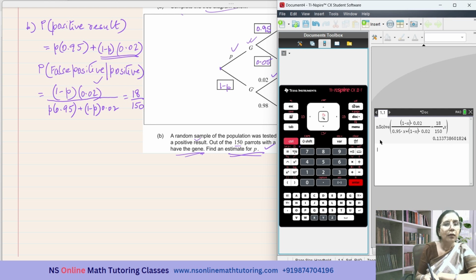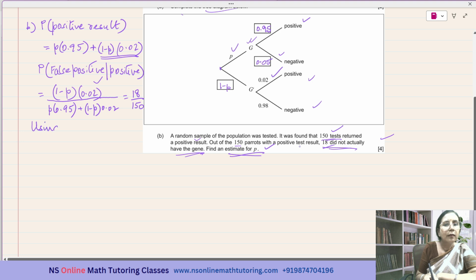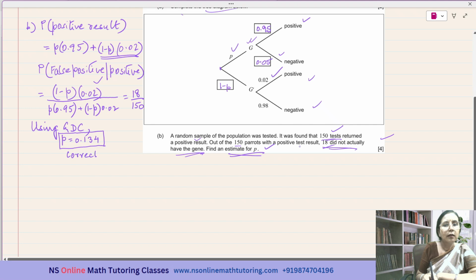So using the GDC, P is equal to 0.134, correct to 3 significant figures.